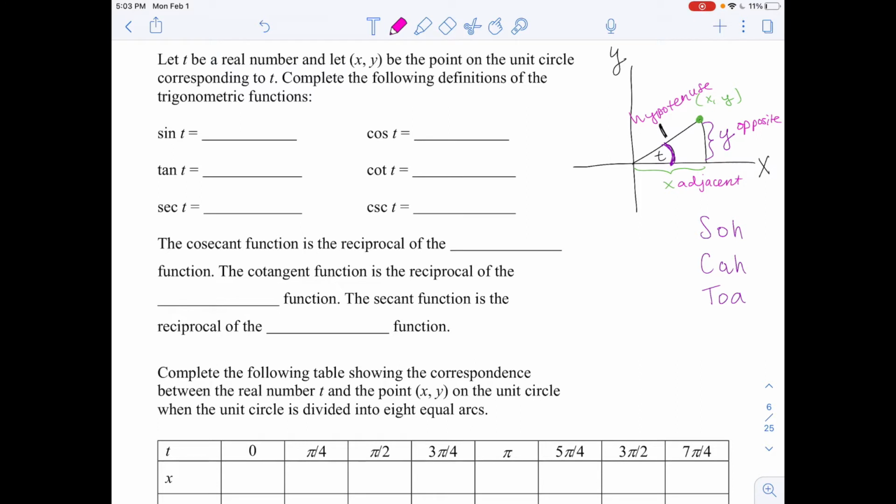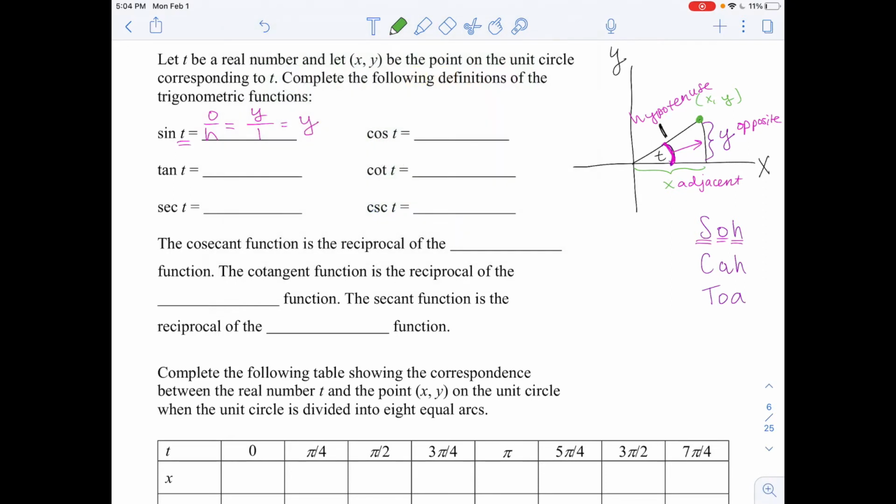So the sine of t, from angle t, is the opposite over the hypotenuse. So we say O over H, and in this case, the opposite side is y, and the hypotenuse is 1, which is just y.